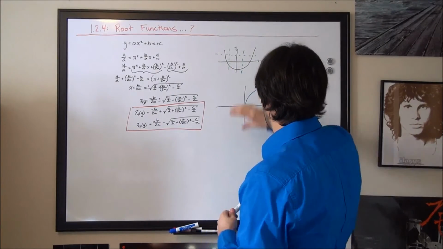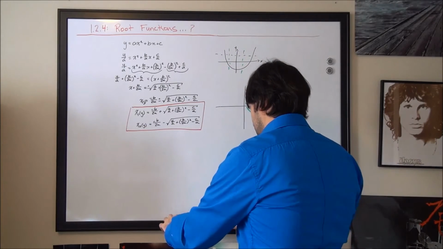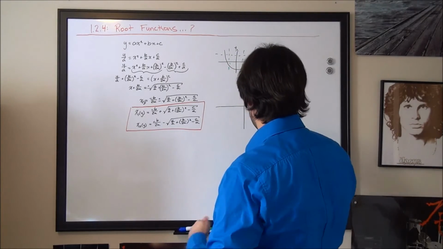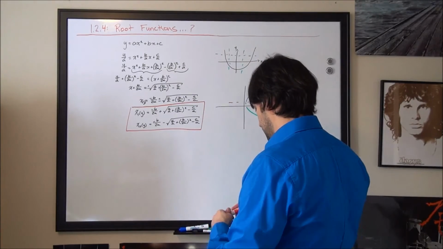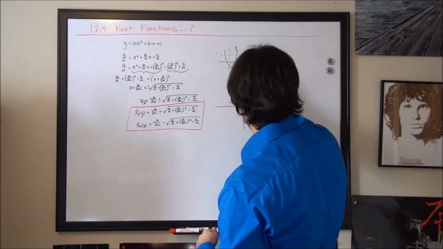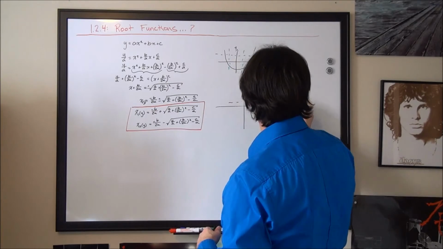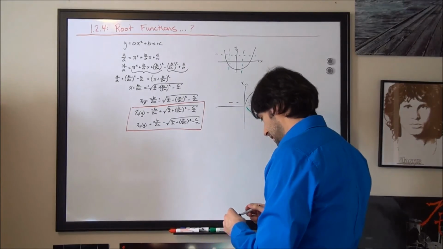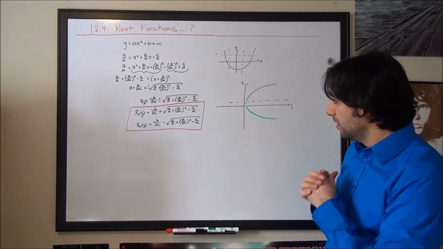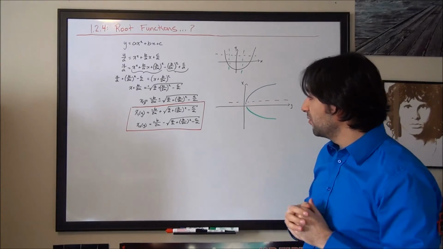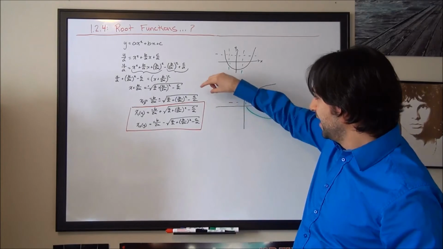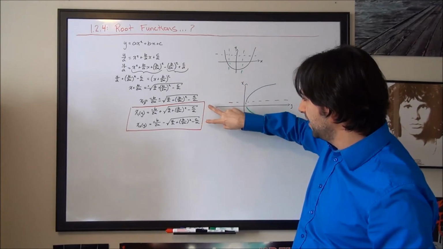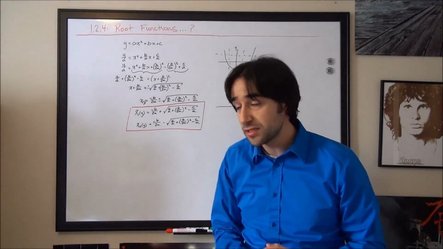It'll be like this parabola turned sideways, and they'll be symmetric about this point, where this is x and this is y. And there you go. That's a little bit about why we have to deal with square root functions, and a little bit about the difference between this not being a function and these being two separate functions.